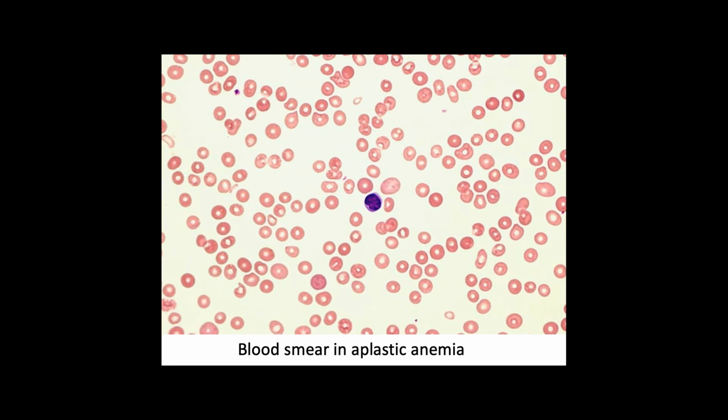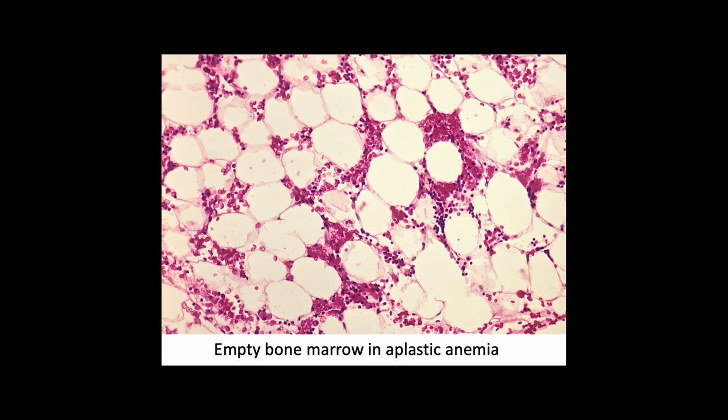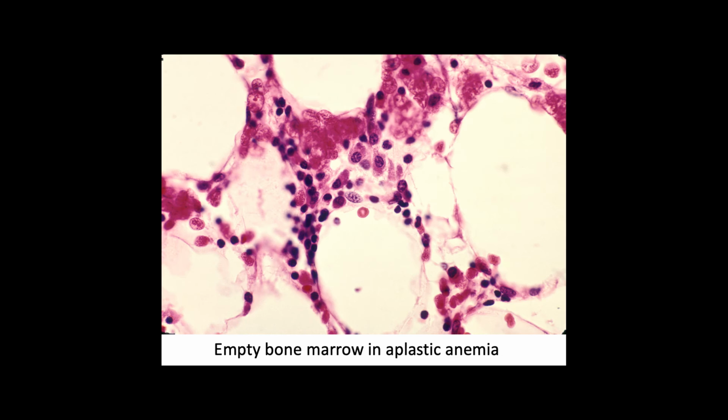See if you can pick out some unusual happenings in this before we start talking. Here you can see what's called empty bone marrow, where all of these cells are fat cells and they do not belong in the bone marrow. This is where our red blood cells and all should be made.